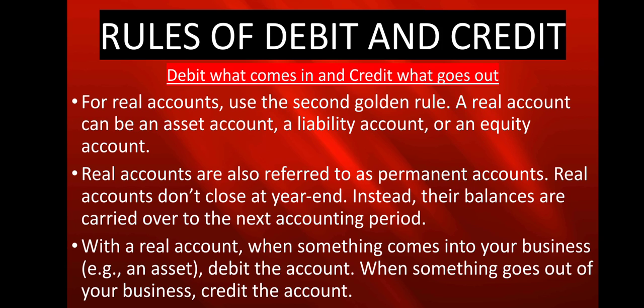Liabilities can arise in a business or decrease in a business. And on the other hand, capital can be given by the owner. It can also be taken by the owner as per his need. So we have to have the rules of debit and credit. Therefore, in real account, debit what comes in and credit what goes out.